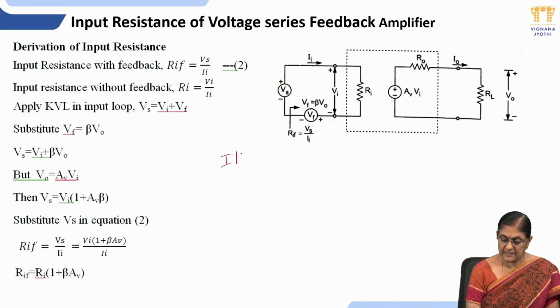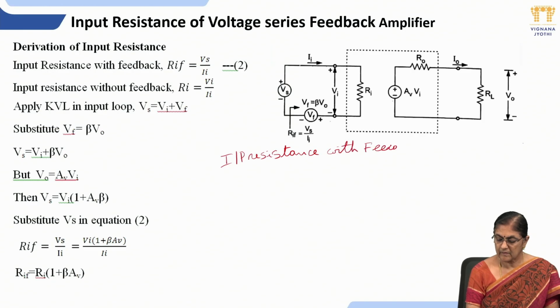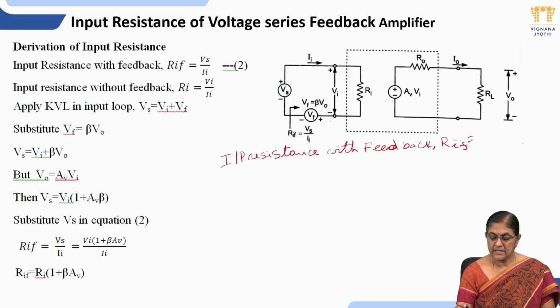So input resistance with feedback is RIF. What is the input of the feedback amplifier? Input voltage of the feedback amplifier is Vs, and input current of the feedback amplifier is Ii. Therefore, RIF is ratio of Vs to Ii.